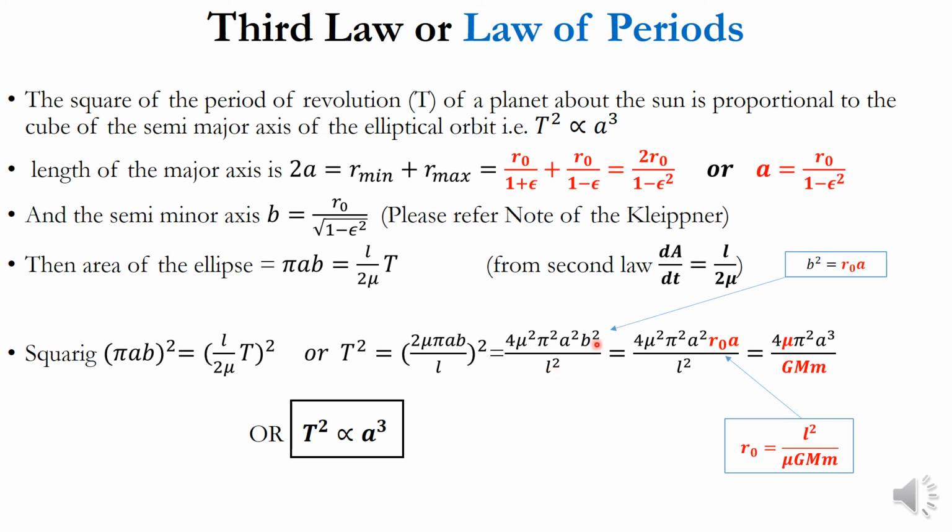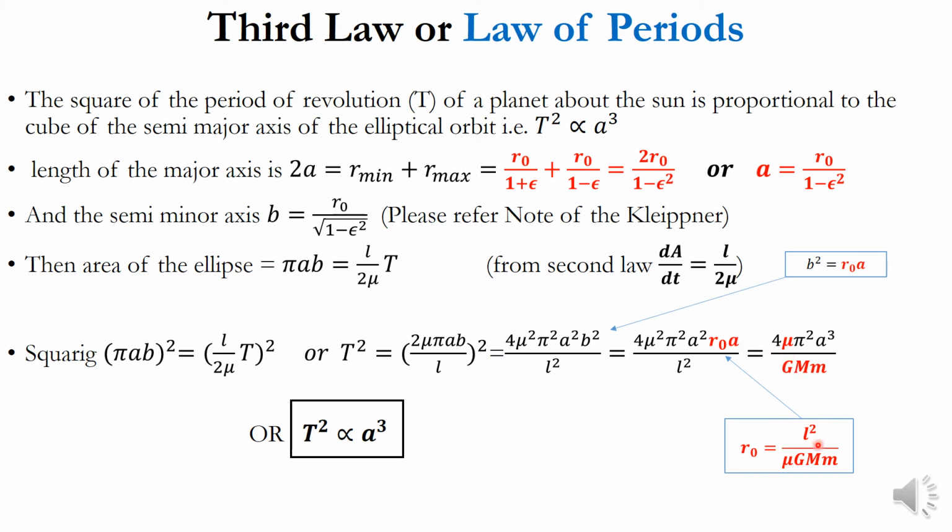But we know that b square and a square are related like this. You can see from these two equations that b square is equal to r0 into a, so we can replace b square by r0 into a. And also we know that r0 is given by L square by mu G M m, so that it becomes like this.